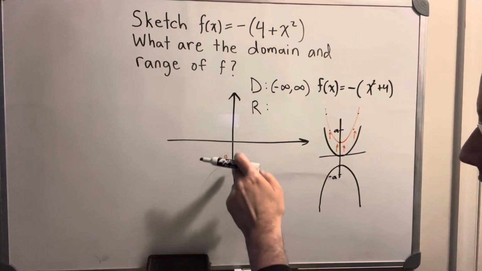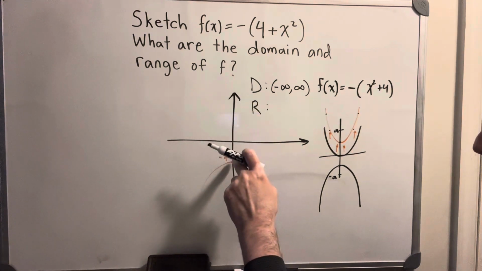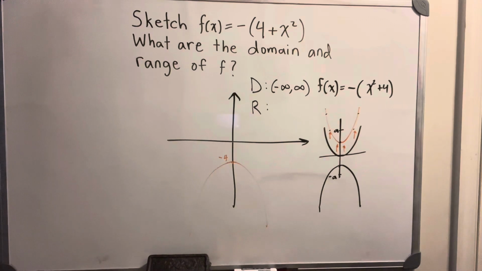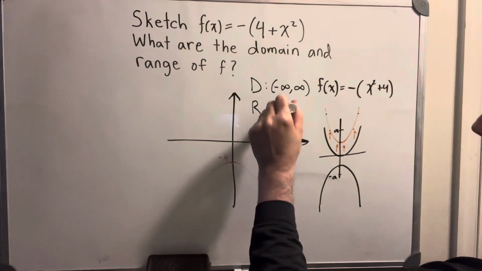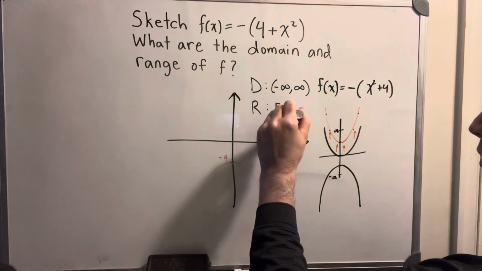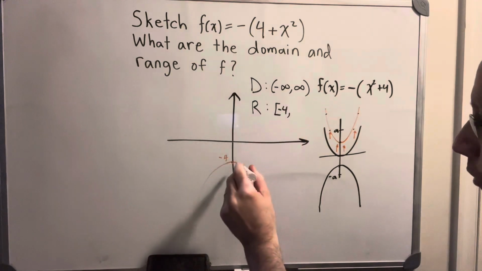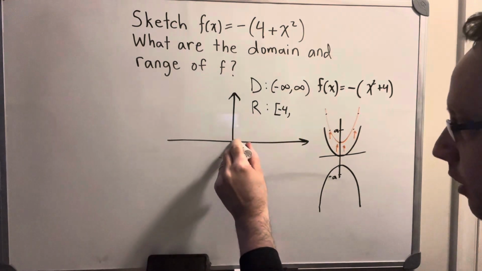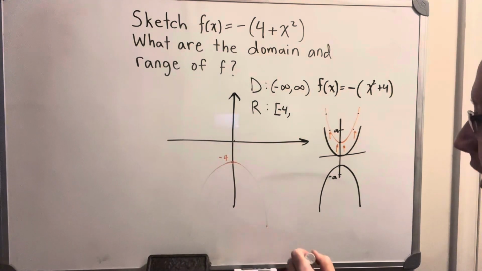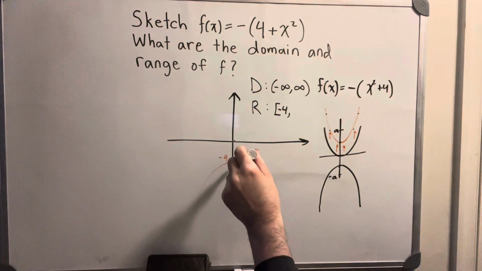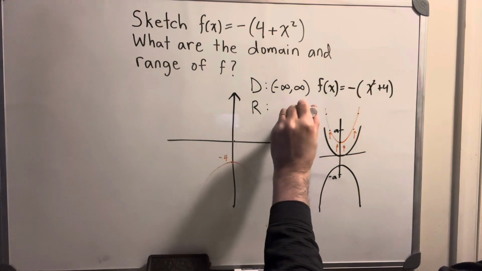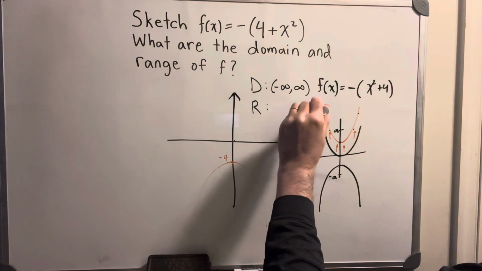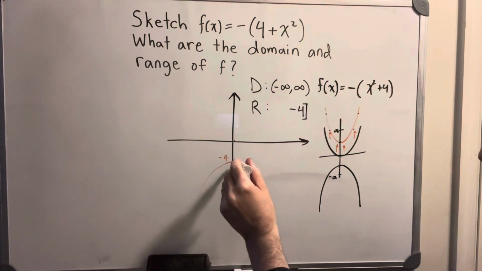Are there any values above -4? At 0, it is 4, right? So 4, -4, at 0, its value is -4. We should put it this way because there's no value above -4 that it is.